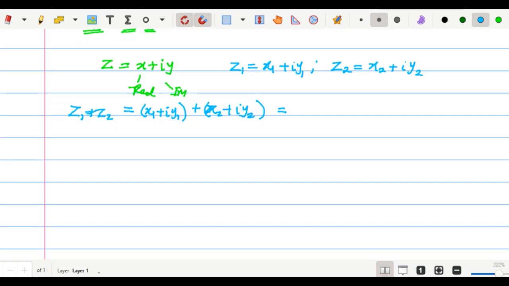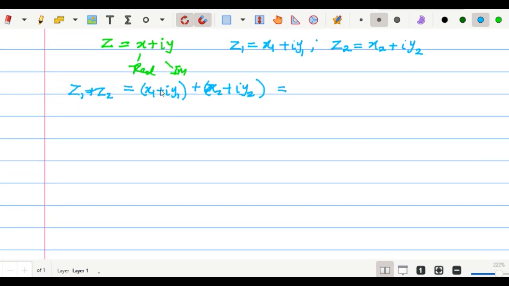Alright, so if we do this, we're going to take note of this. When you are adding complex numbers together, we add the real parts together, and we add the imaginary parts together.